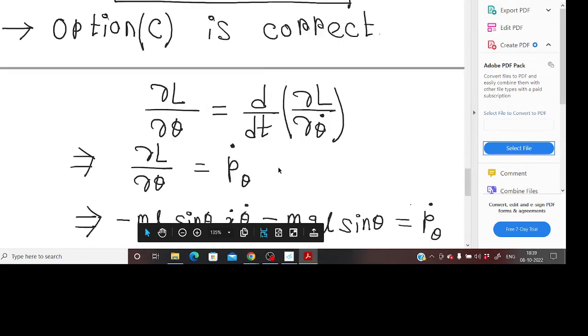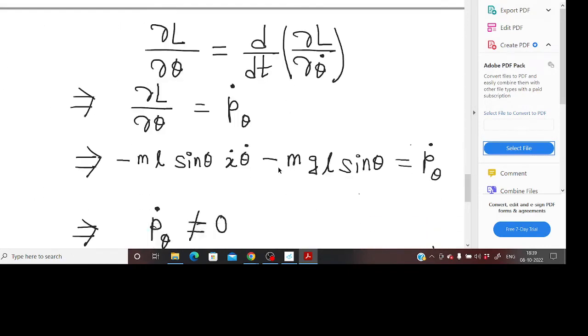And let's also find the Euler-Lagrange equation corresponding to the coordinate theta, which is again this. As I have told before, del L del theta dot is equal to p theta, the generalized momentum corresponding to theta. And here we have d dt. So d p theta dt will be equal to del L del theta.